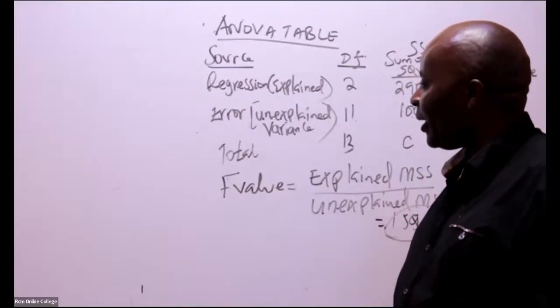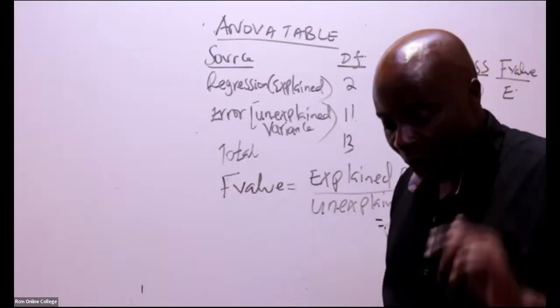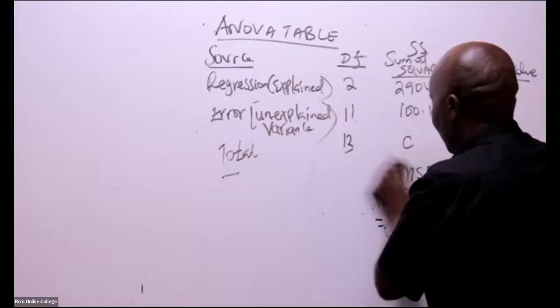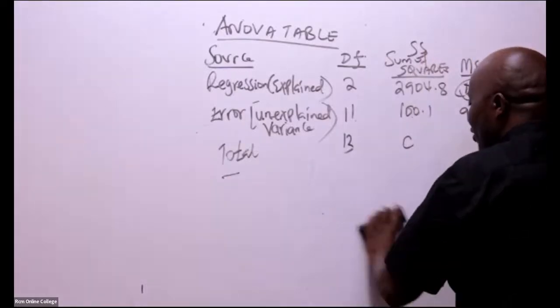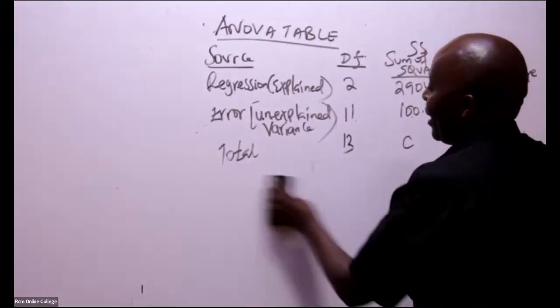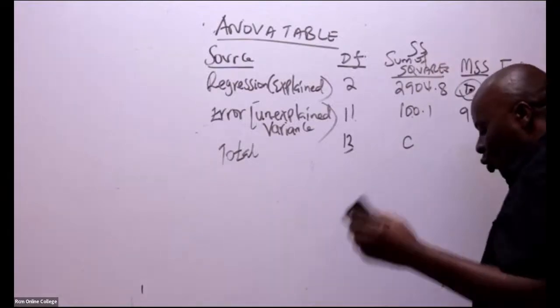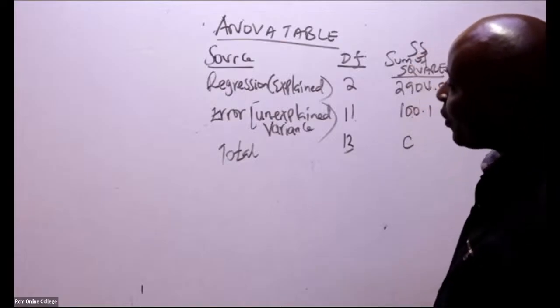Now, ladies and gentlemen, the other thing I would want us to appreciate from the word go is this. We have got two types of degrees of freedom; actually there are three, but for your analysis, you have two.